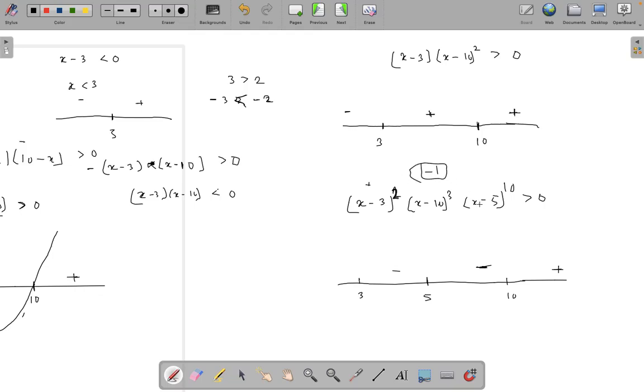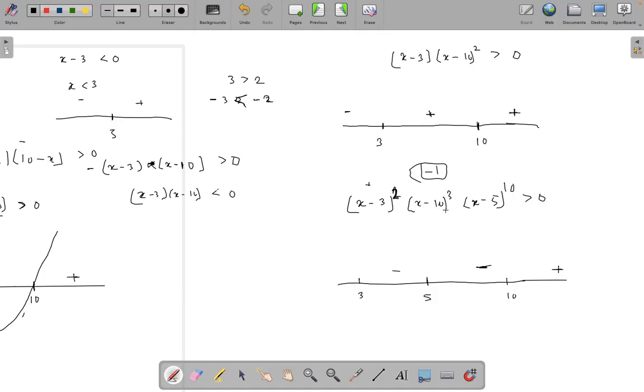Now see, it does not matter what the value of x is, this will always be positive. For this also, it does not matter what the value of x is, it will be positive. So it only depends on what x minus 10 gives.